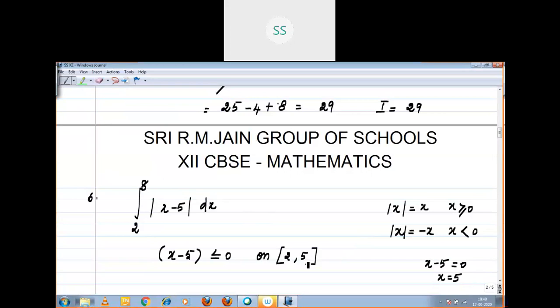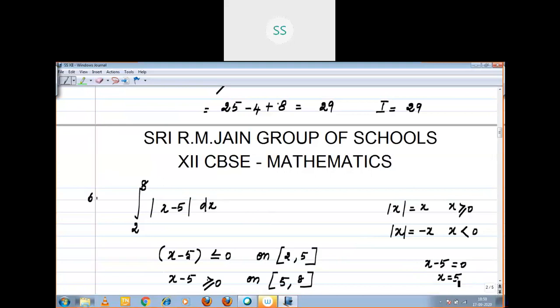Then you have to see here, x minus 5 less than or equal to 0 on, from where to where children? 2 to 5. Got it?